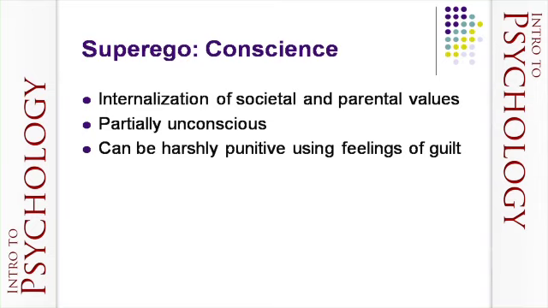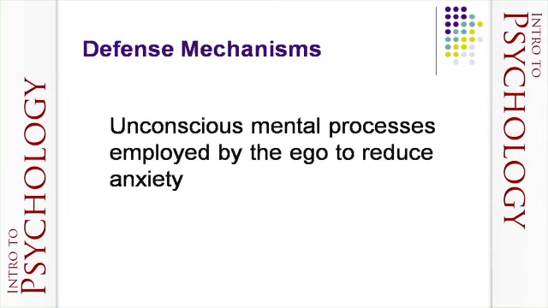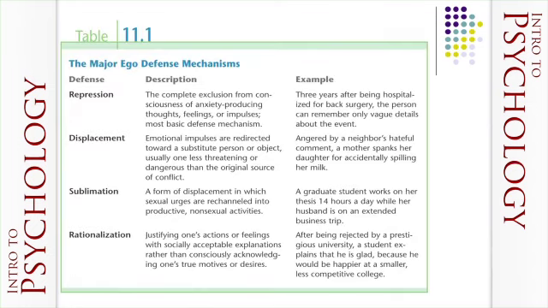So we all use defense mechanisms, okay? These are unconscious mental processes employed by the ego to reduce our anxiety. And we have different types of defense mechanisms. Repression, the complete exclusion from consciousness of anxiety-producing thoughts, feelings, or impulses. Most basic defense mechanism.